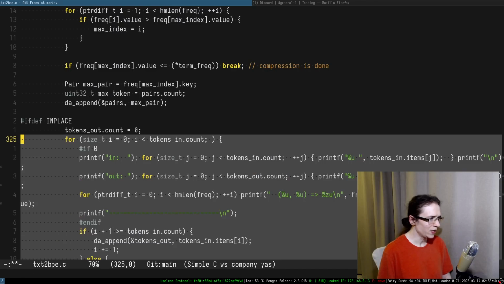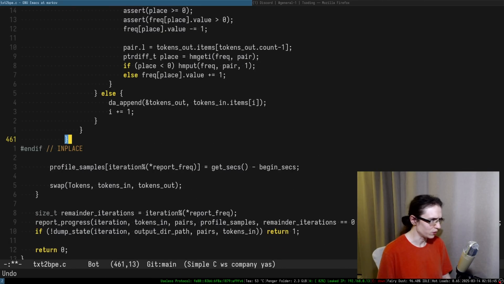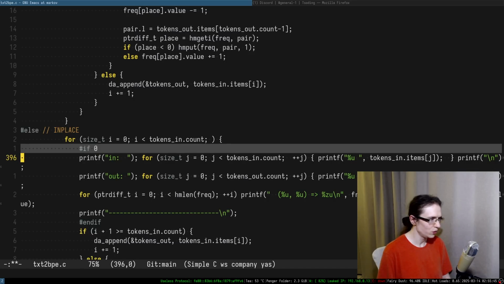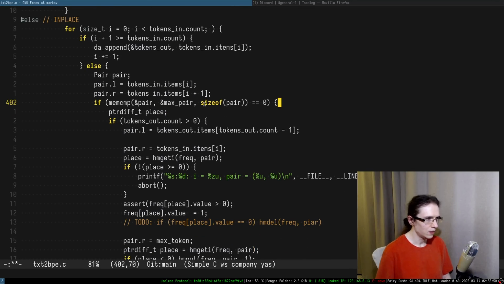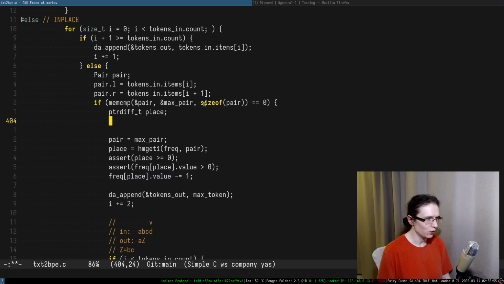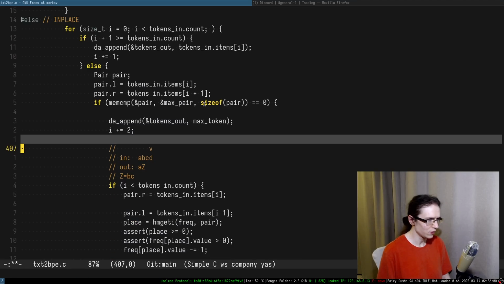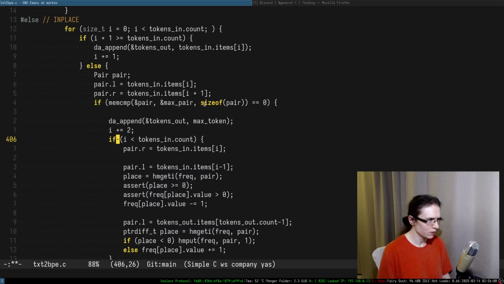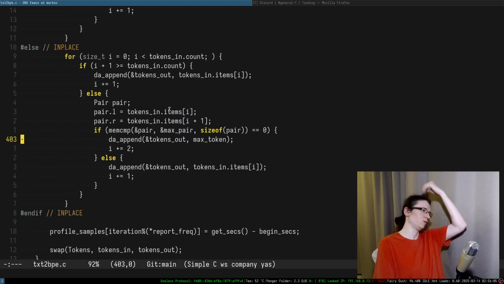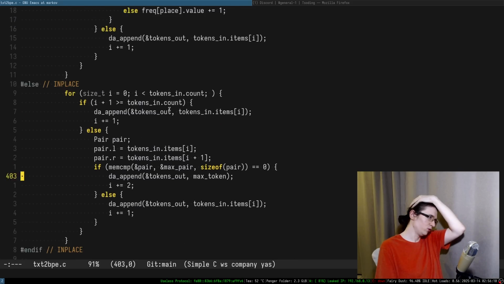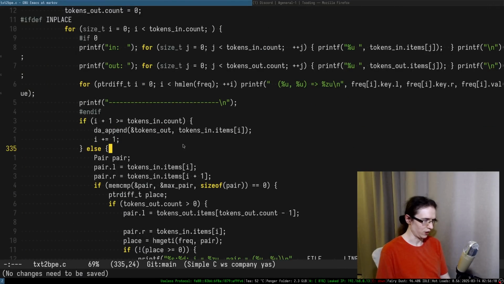I need to recover the algorithm without in place. So how do we do that? We don't do any of that stuff. Yeah, I think that was the original algorithm, actually. So now I should be able to recreate this.